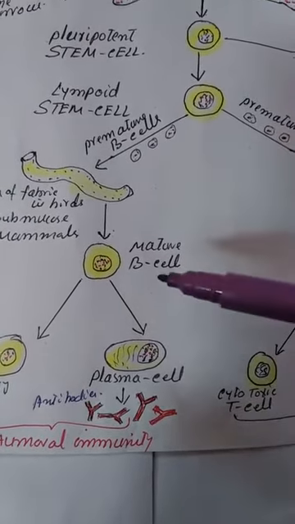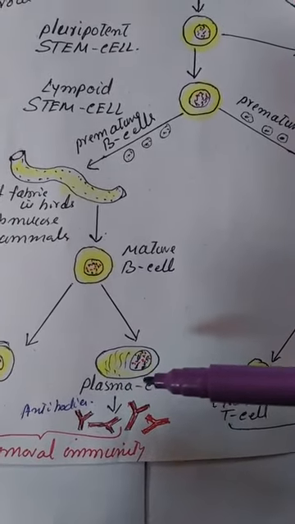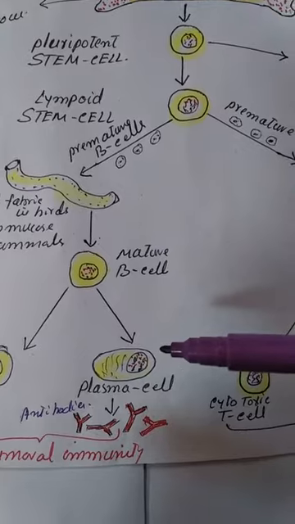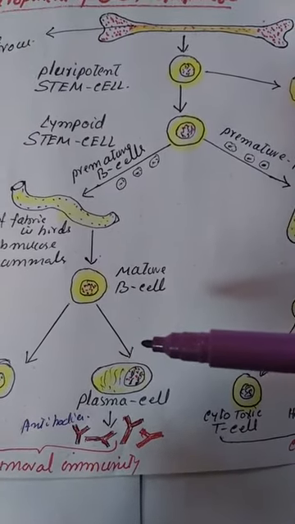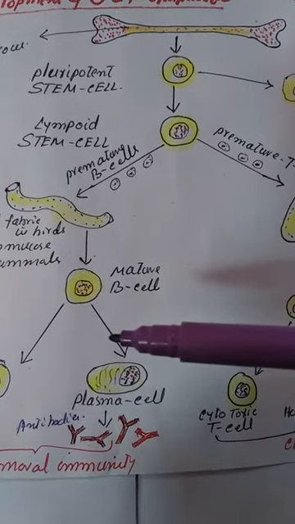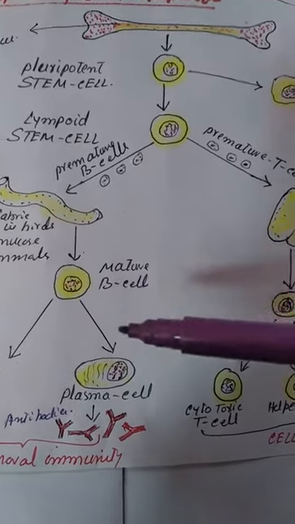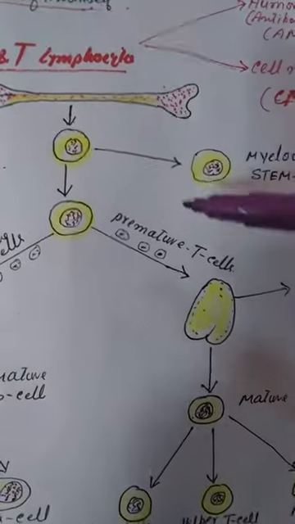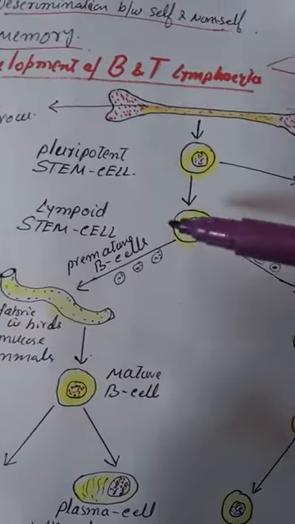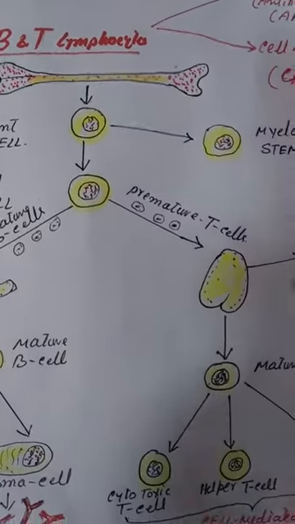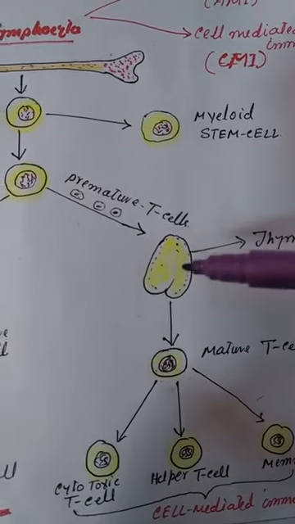These plasma cells form the antibodies, which we already discussed are the specialized proteins produced in the body in response to the antigen that circulate in the body fluids, that is the blood and lymph. The premature T cells that develop from the lymphoid stem cell go into the thymus for maturation.